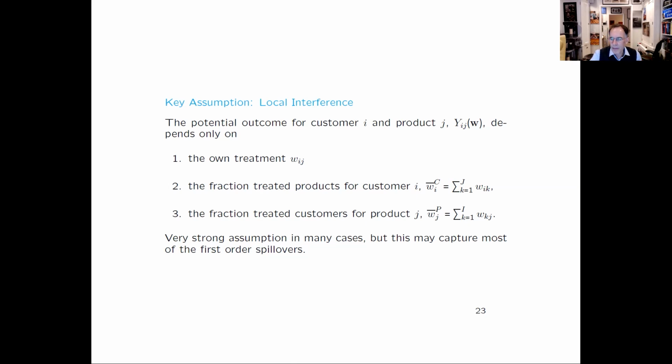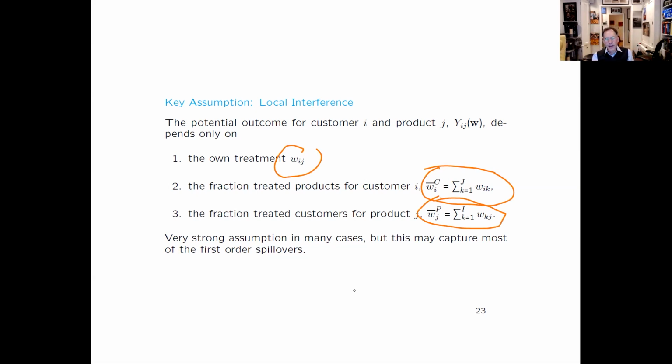So here we assume that the potential outcome for a particular customer product pair depends on three things. One, the own treatment, and then the spillovers come only through two objects, the fraction treated products for that particular customer and the fraction treated customers for that particular product.